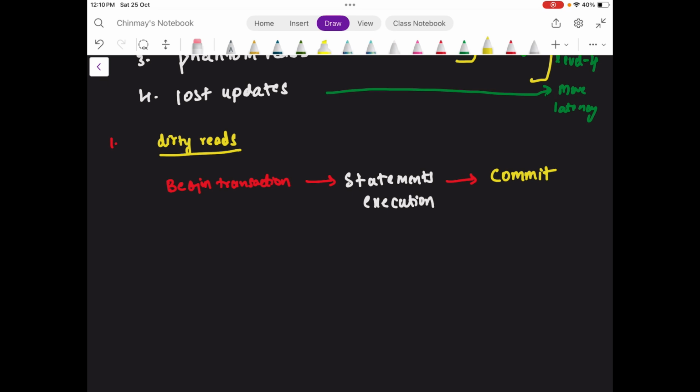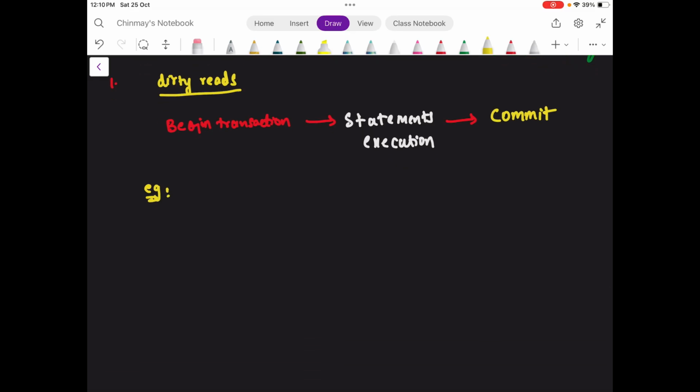Okay, this is the flow of a transaction generally. Let's take an example to understand dirty reads. Let's understand the example very clearly.